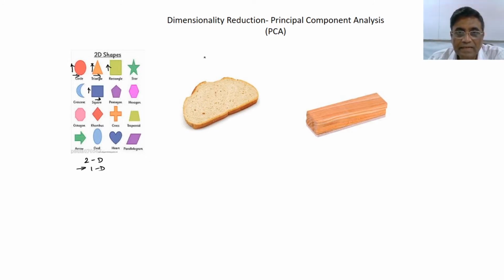Here is a 3D braid, one slice of the braid. Now we can see which is the direction where the data are more oriented. Definitely this is the direction. Then next, what is the direction where most data are oriented?